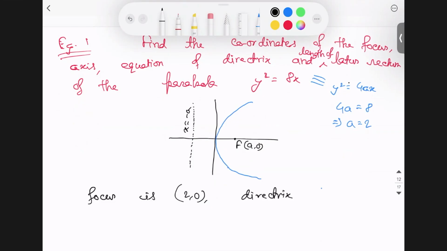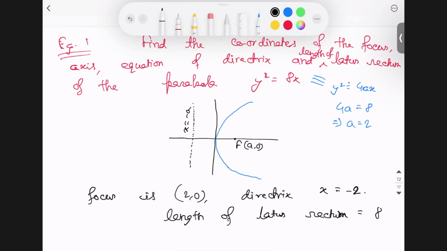The directrix has equation x equals minus 2, and the length of the latus rectum will be 4a, and 4a means 4 into 2, that equals 8 in this case.